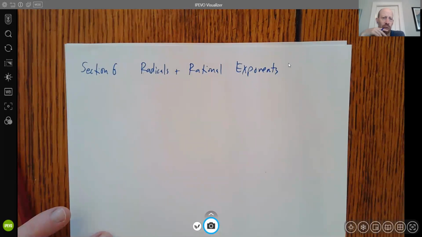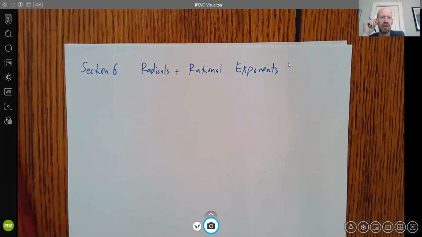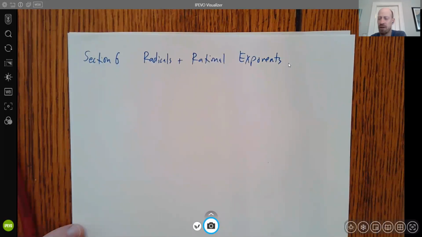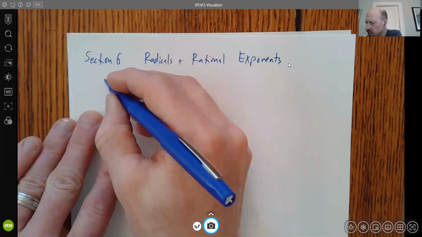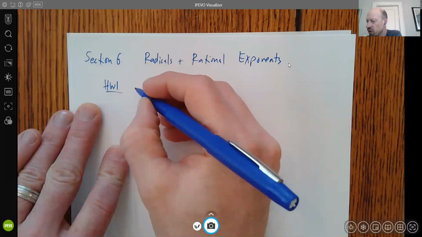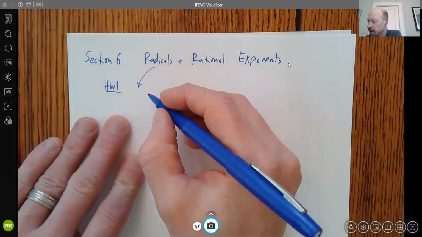We know that the square root of 4 is 2. Kind of our most simple situation, but there are some more complicated and subtle issues that we have to talk about when introducing radicals. So that's in homework 1, kind of an introduction to radicals.